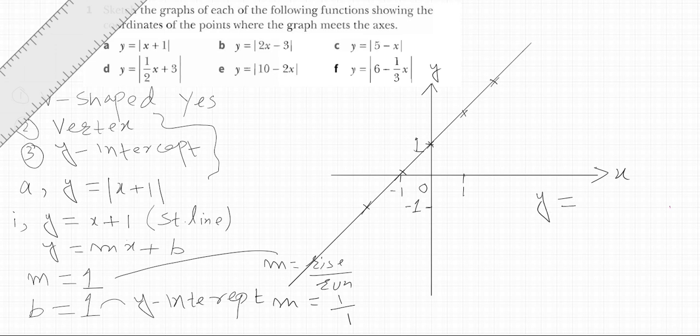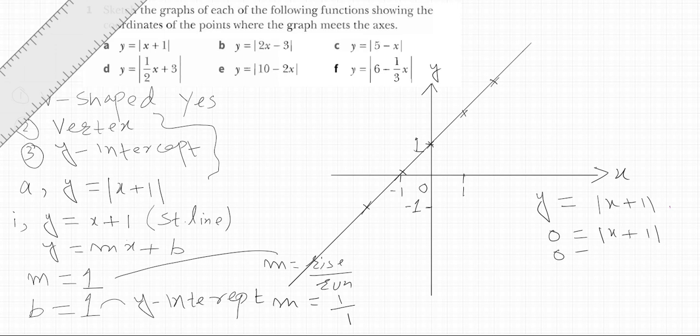just write the equation. Our equation is x plus 1. First put the value of y as 0 and find the value of x. If we draw a modulus sign, then we must put plus and minus on the other side, but in this case there is 0, so we do not need to put a plus and minus sign.